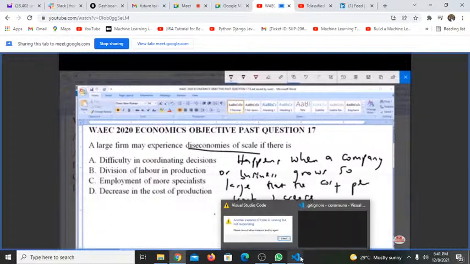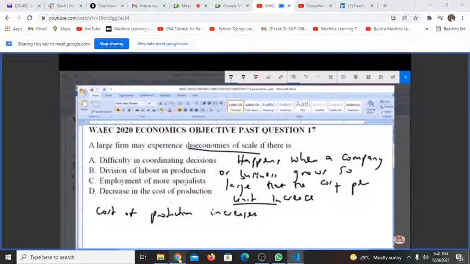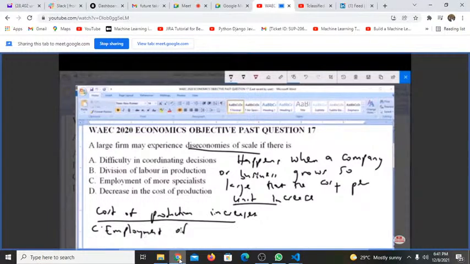So it's just like saying their overall cost of production increases. Now, amongst the options given to us, the factor that is likely to increase cost of production here is employment of more specialists.